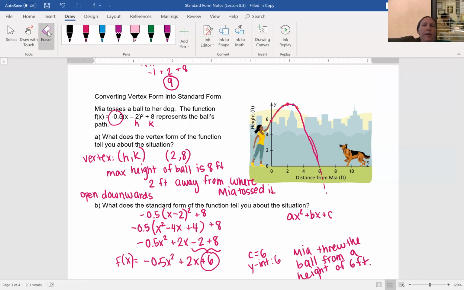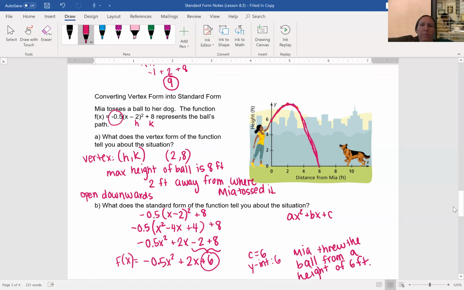So keep in mind that based on real life situations, we might only have pieces of a parabola that model the scenario. Notice here it doesn't go into negatives because she's not throwing it from a negative spot. So we have our parabola, but it starts at the y-axis, and it would stop at the x-axis because it's not going to go below ground.